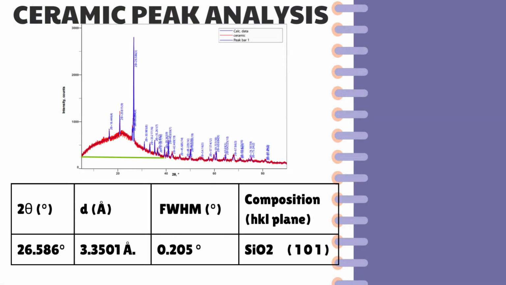Okay, now this is our graph obtained from the XRD analysis. For ceramic, this table shows the peak information on the ceramic composition. If you can see, there is one obvious peak which shows the crystallinity properties, and also there is one green line which we call the amorphous halo, to show that our ceramic sample has amorphous properties also.